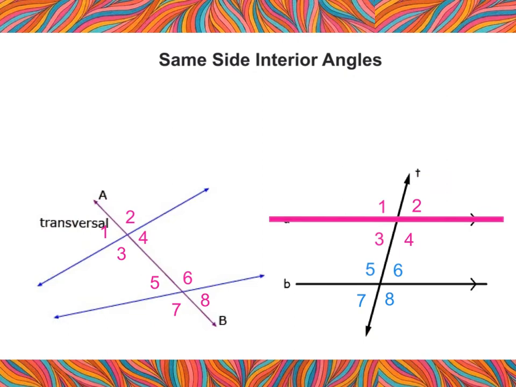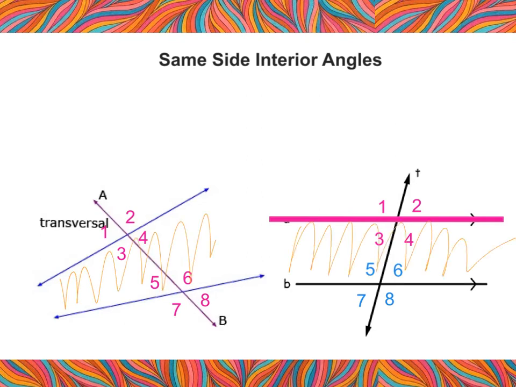On to same-side interior angles. Interior, again, means we are still talking about the angles between these two lines. Same-side interior are angles that are on the same side of the transversal. For example, in both diagrams, angle 4 and angle 6 are same-side interior.